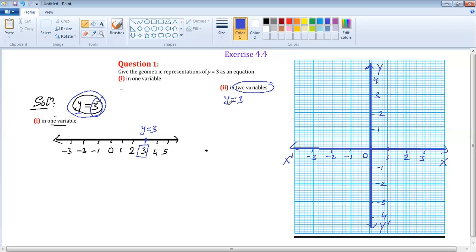Okay, now see here. We are given that y is equal to 3. That means whatever value we take for x, whether x is 2, 10, 1000, 100, 500, whatever value of x, the value of y is always fixed. So let's consider 2 points of x and the 2 points of y.